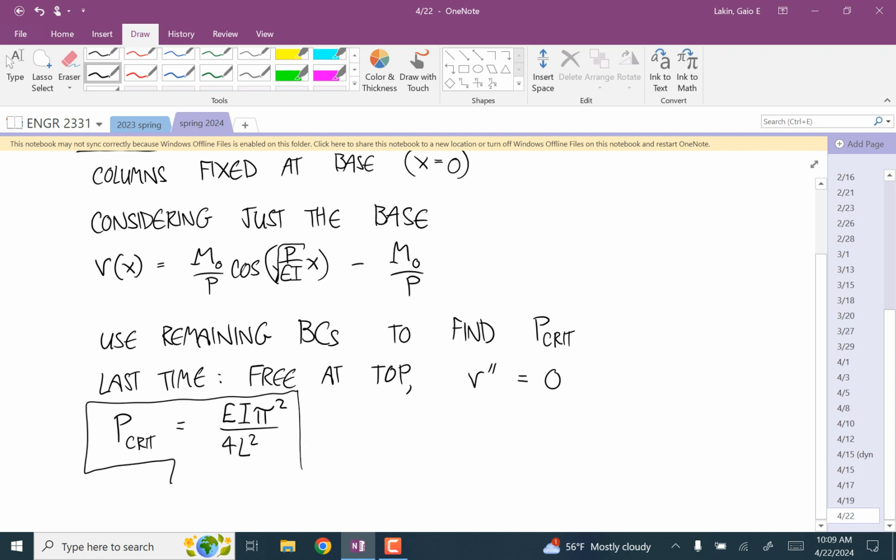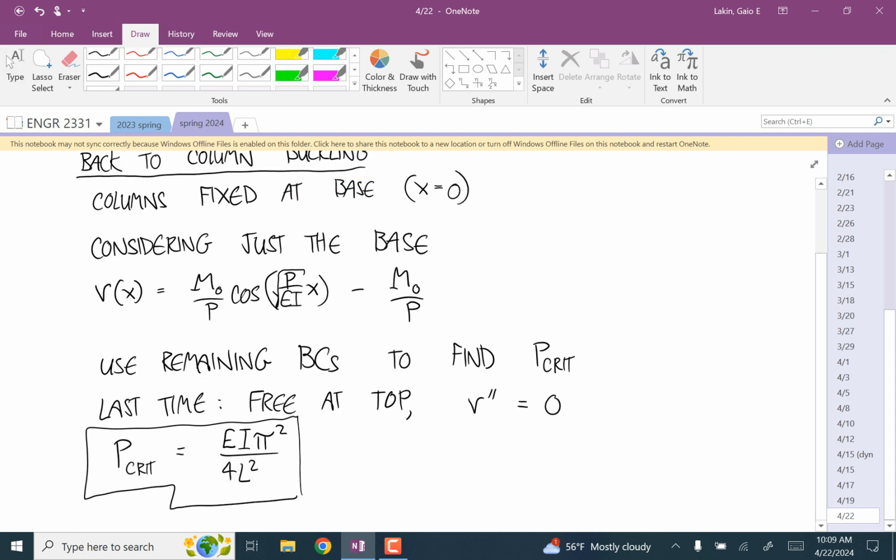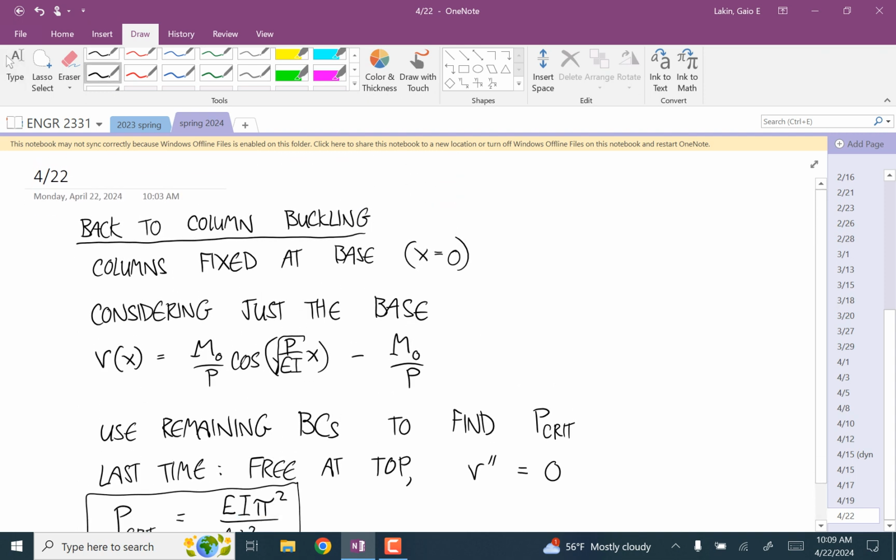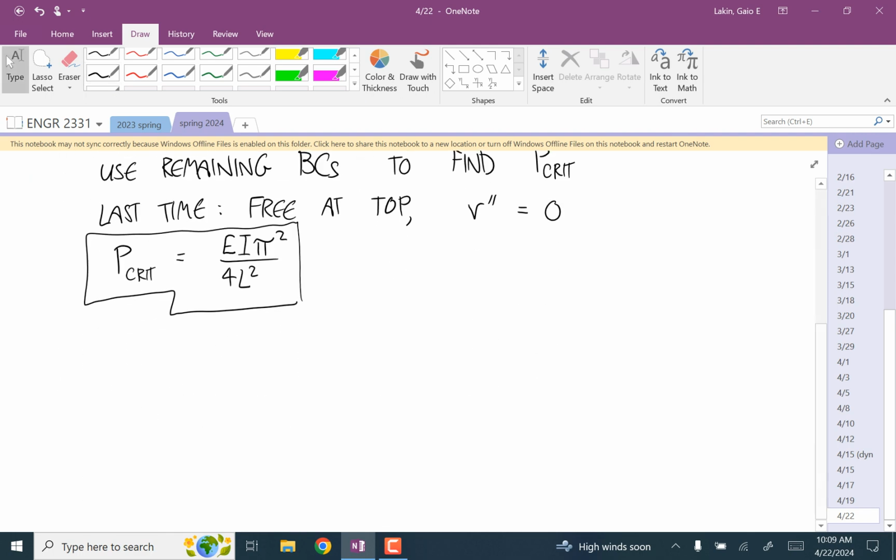So we got that last time. Now we're going to go back to this solution that defines fixed at the base. Now our boundary condition is going to be pinned at the top, and we'll see how that changes things.